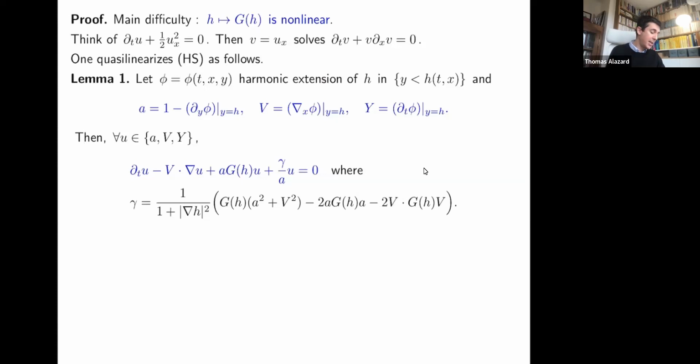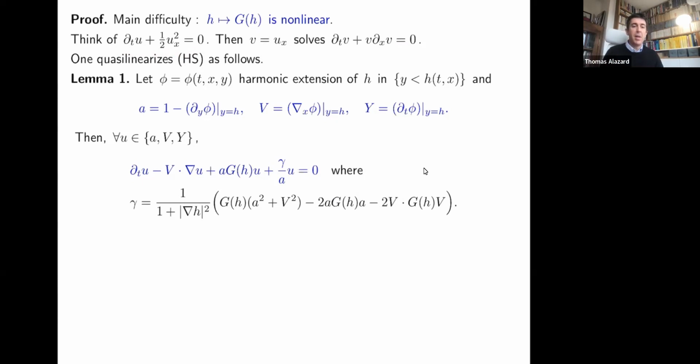To explain this, let us think by comparison with the Hamilton-Jacobi equation, d_t u plus 1/2 of (u_x) squared equal to 0. To study this equation, one approach consists in introducing v, which is the derivative of u with respect to x. Then v solves a Burgers equation, and you can study a classical solution for this equation using standard tools for linear hyperbolic equations.